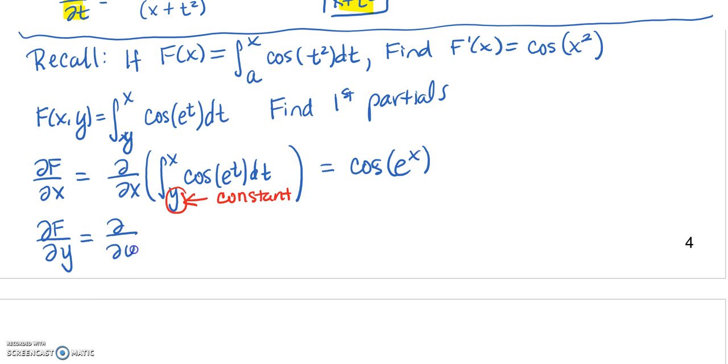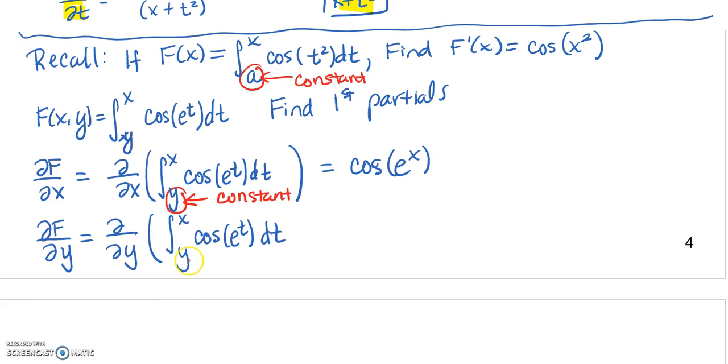Now I have to work a little bit harder on this one. So we're doing the partial with respect to y of the integral from y to x of cosine of e to the t dt. Remember that this worked provided that this lower limit was a constant. Well, in this case, I have y as my lower limit, and that's the variable I'm interested in. x is the variable I'm going to be treating as though it were a constant.